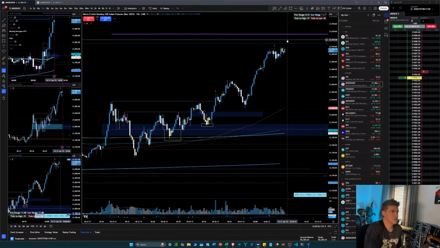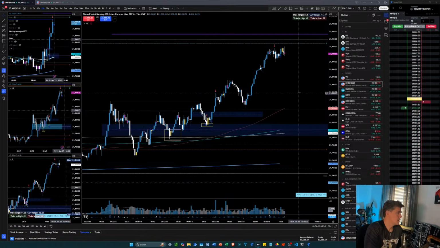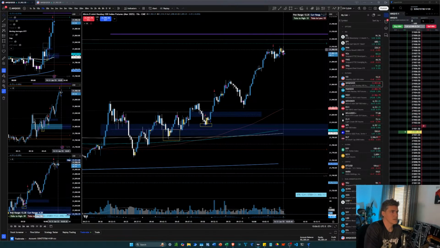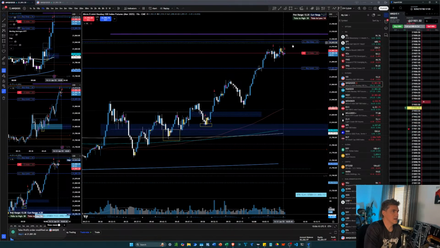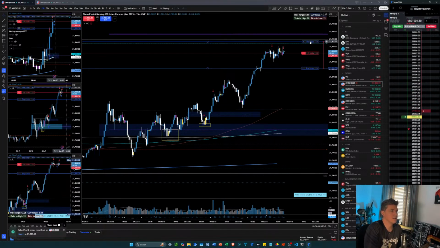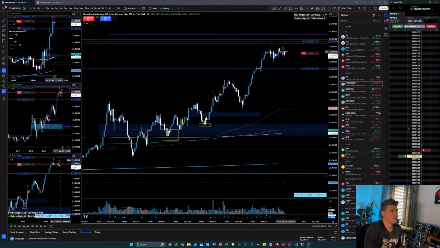Measured move, liquidity, standard deviation of the open range. Nice looking candle there. Nice looking reversal candle there. I gotta take that. I gotta take that. And it's okay. It's okay. I'm gonna live with this risk. I gotta take that. I like the look of this candle. I liked it. We kind of put a top in here.